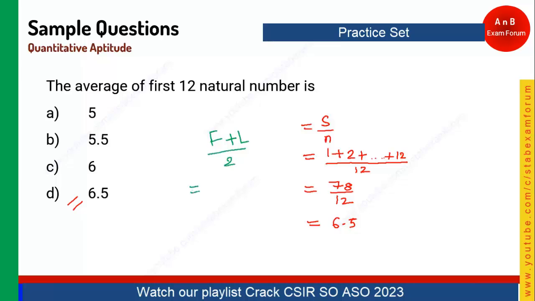So what is first number? It is 1. What is the last number? 12 divided by 2. So your answer is 13 by 2. 13 by 2 is what? 6.5. Correct? So I hope you understand this formula. Let's move to the next question.